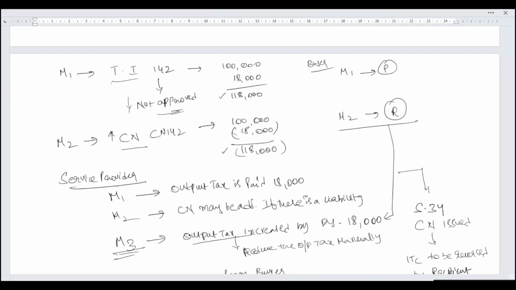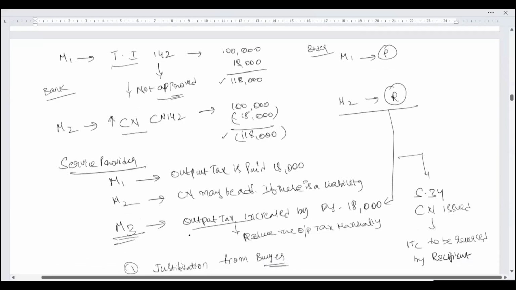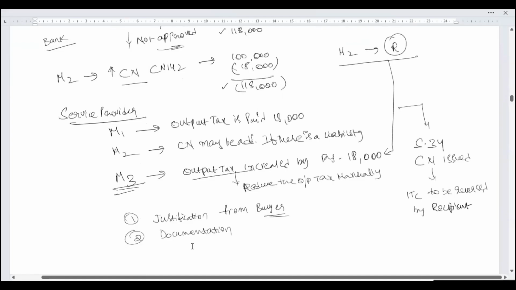My job is done. In addition to these two, I'll give my bank statement saying, sir, look at my bank statement, this party has not made any payment. So the invoice is there, disapproval of the invoice is there, a bank statement to showcase that I have not received money, and the credit note I have issued. On top of all this, the justification report, point number 5, I have to bunch together to explain to this GST officer.